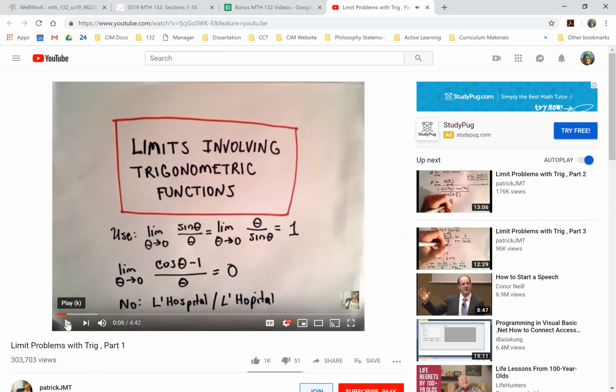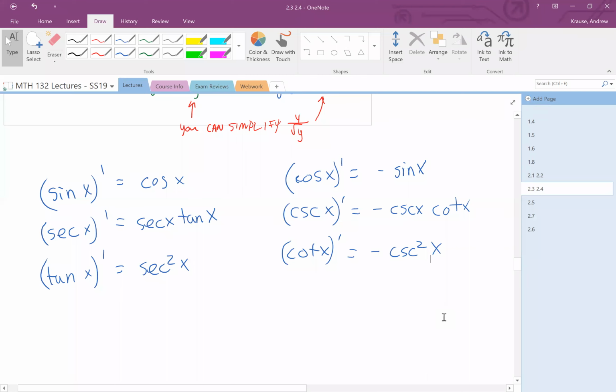Should we know more tricks about like cosine squared and sine squared equaling 1? No, you don't really need to know much more trig beyond this very basic trig stuff, the trig derivatives that we're doing in the OneNote here. We're not going to need to do any trig identities or trig transformations.